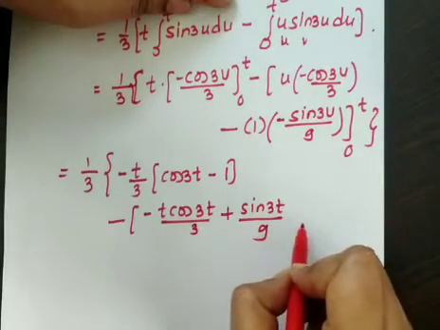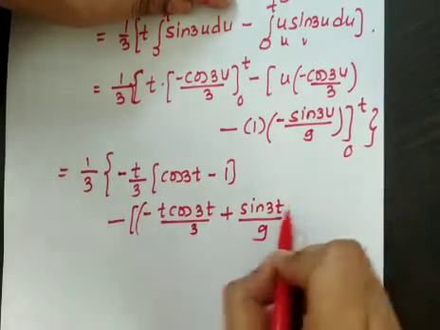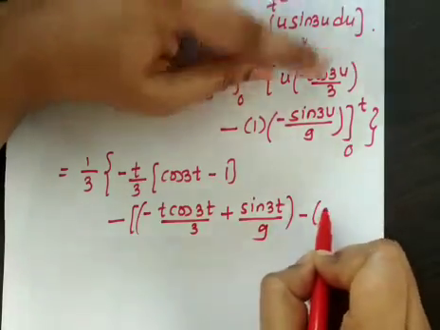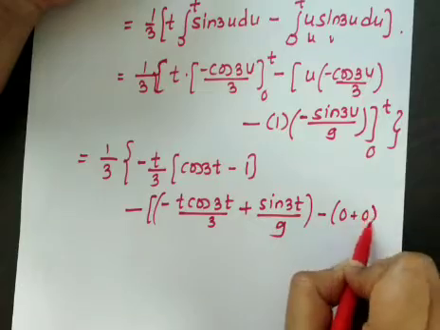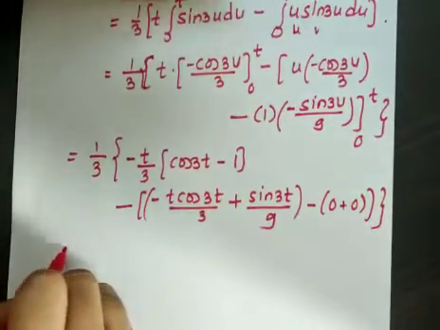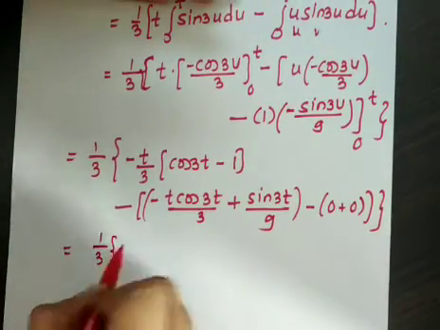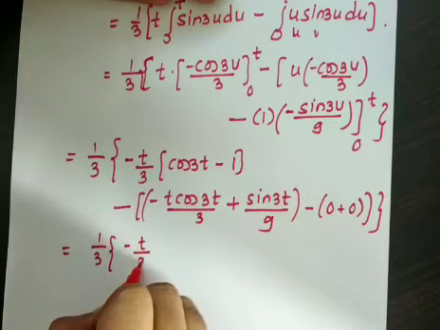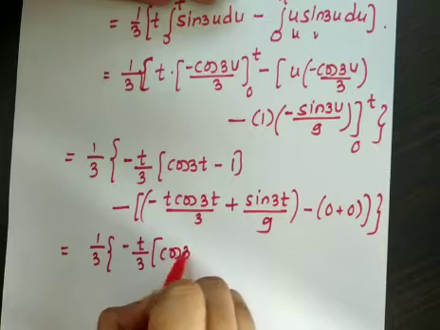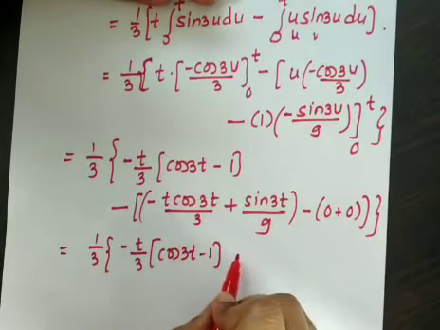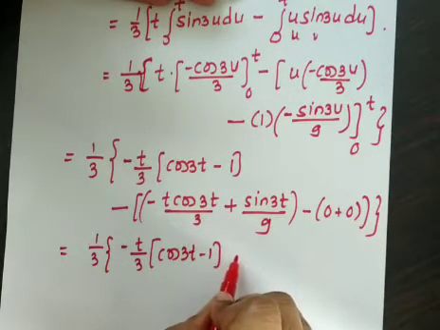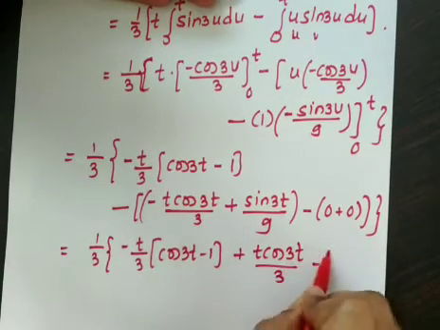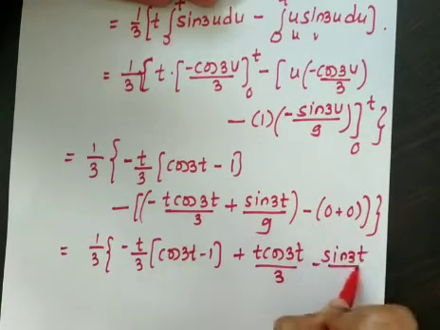This is upper limit minus lower limit. U is 0, so 0 into anything is 0, and sin 0 is also 0. That is equal to 1 by 3 into minus t by 3 cos 3t minus 1, minus, plus t cos 3t by 3 minus sin 3t by 9.